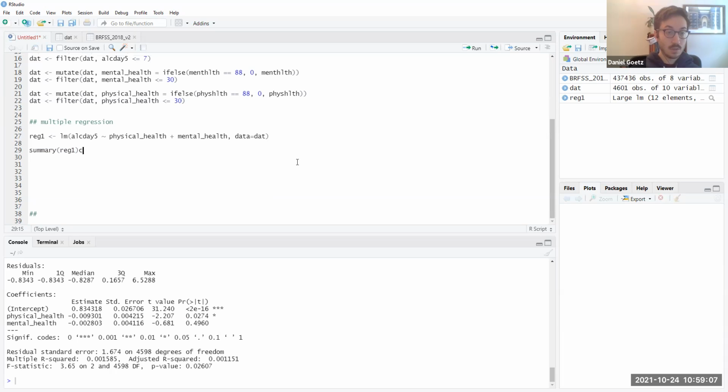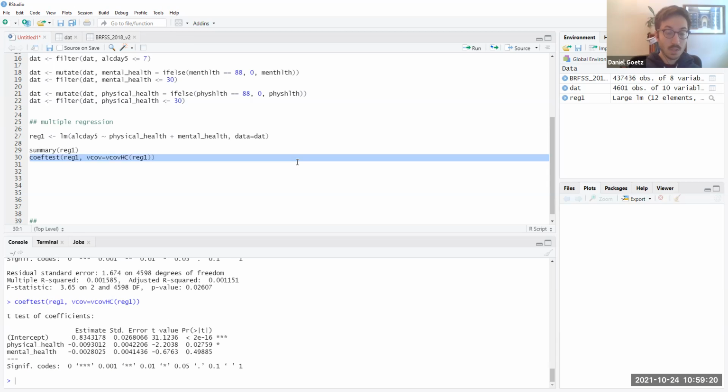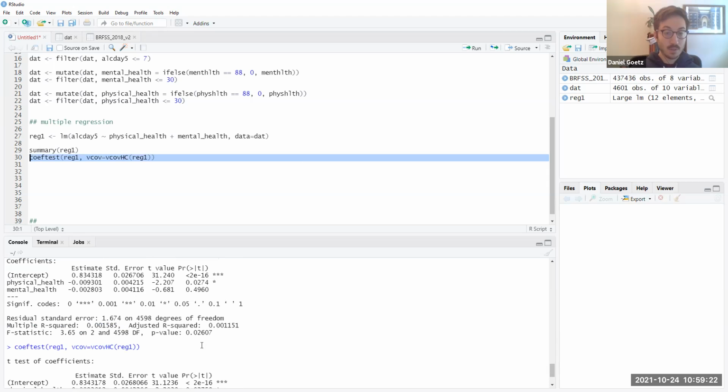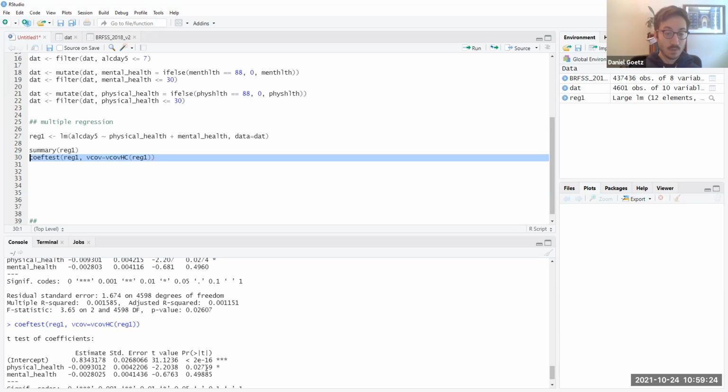Let's take a look. Indeed it is, right? So the p-value has gone up a little bit, 274 to 2759. However, we are still negative and significant at the 5% level.